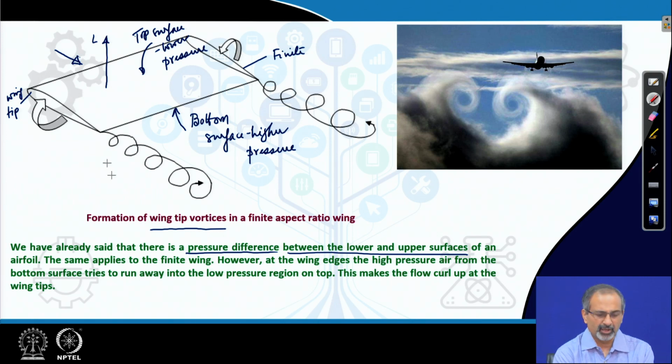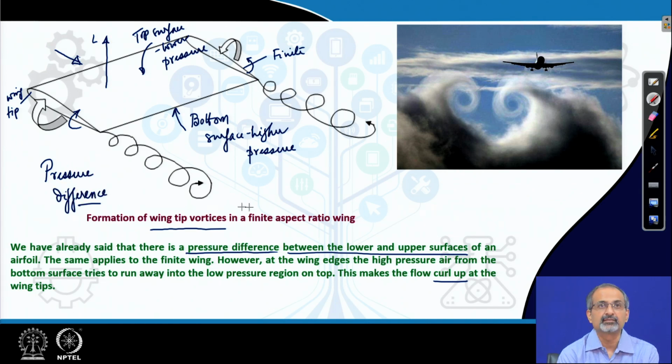But as a byproduct, the high pressure air tends to leak from the bottom surface and tends to move upwards at the tips. So, the flow curls up at the wing tips. Why is it? It is purely because of the pressure difference.